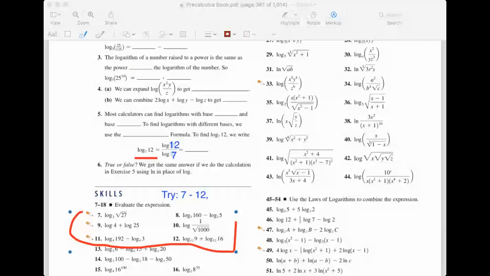You want to show 7? Can you explain 7? We're here to learn, okay? It's okay to make mistakes. According to the rules we learned, right? How do we find the answer for 7?